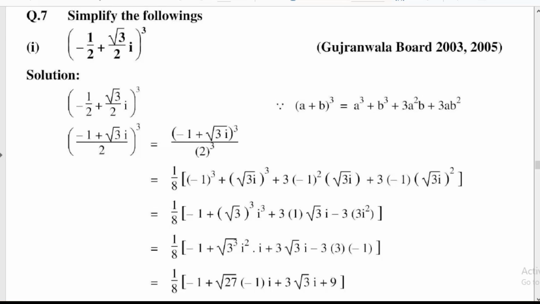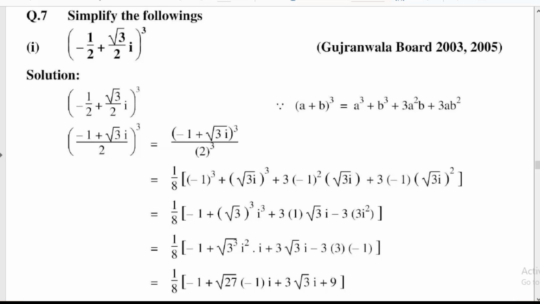So according to the formula, that is (-1) whole cube plus (√3 i) whole cube plus 3 into (-1) whole square into √3 i plus 3 into (-1) into (√3 i) whole square.